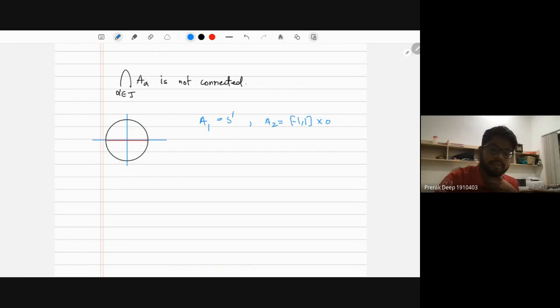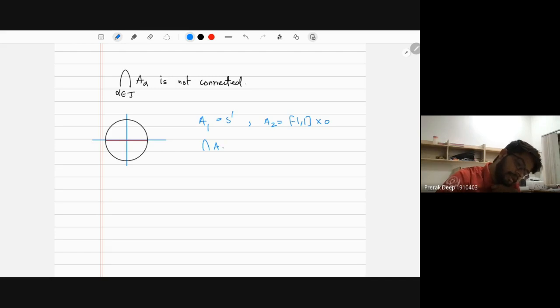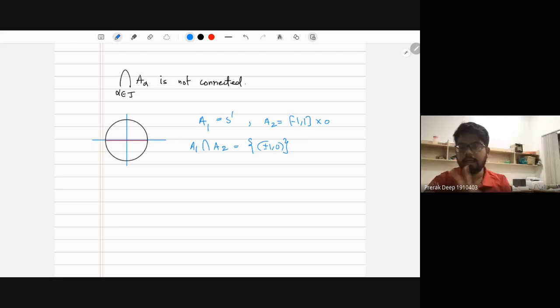Now you can clearly see that the intersection of A1 and A2 is precisely plus minus 1, 0. Two points. The intersection is 2 points.